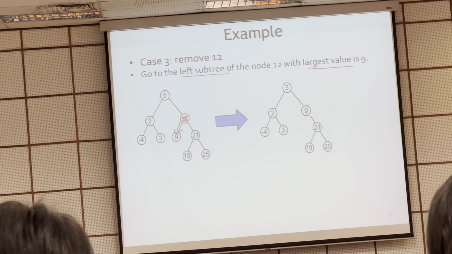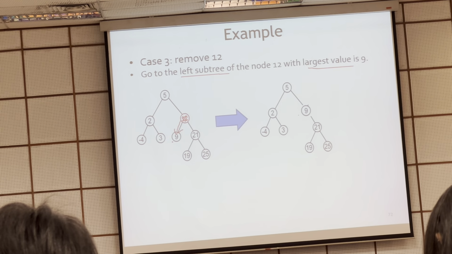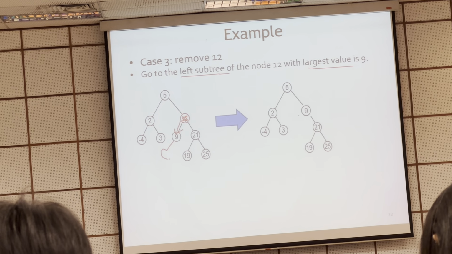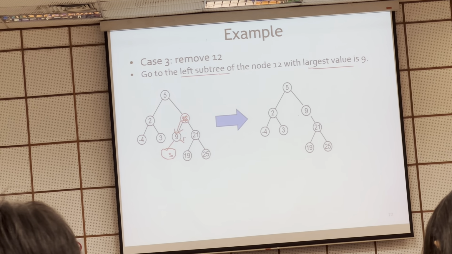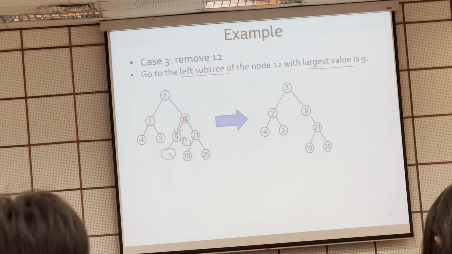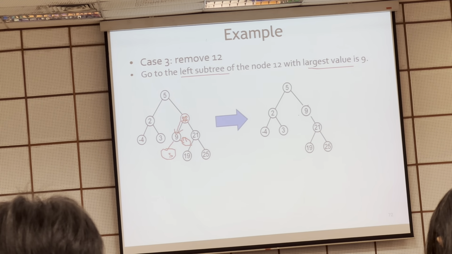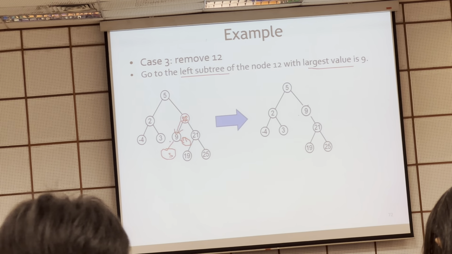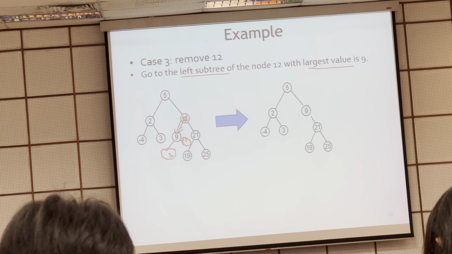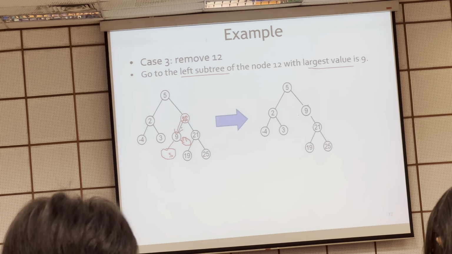Suppose we had 8 here, and on the right we have 11. Then you have to choose 11, no more number 9, because the largest node there is 11. In this case we only have 1 node, so we can choose 9.